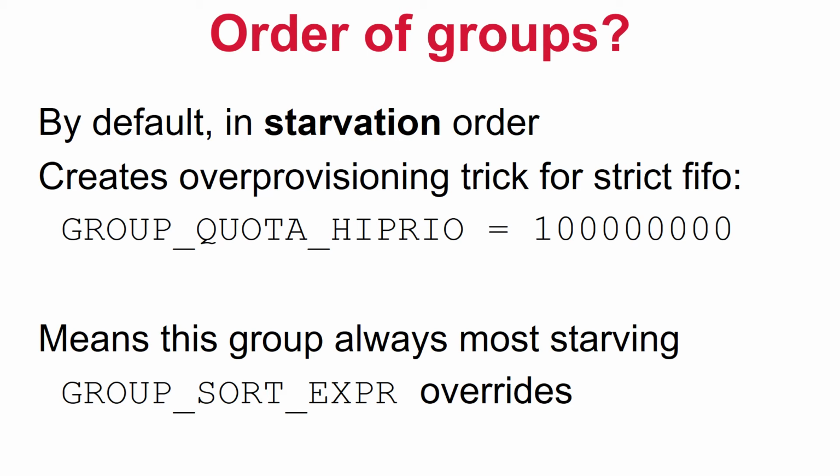And maybe you set that next group's quota to just 1 million, and so it will always try and fill that quota. Some organizations need this kind of FIFO policy. You can also override the ordering of groups manually by setting the GROUP_SORT_EXPR classad expression to evaluate the group ad to a number, and the negotiator will order the groups by that number, highest first.